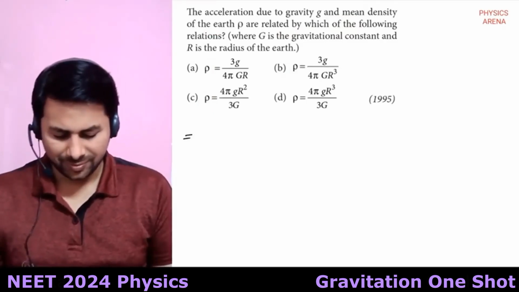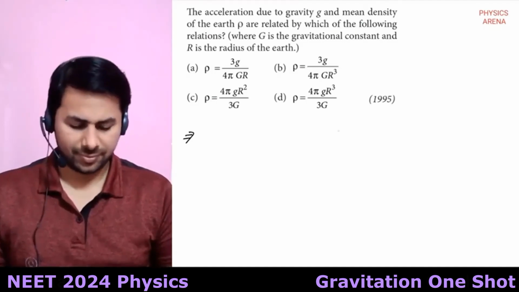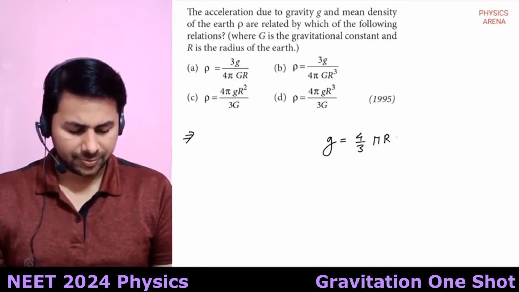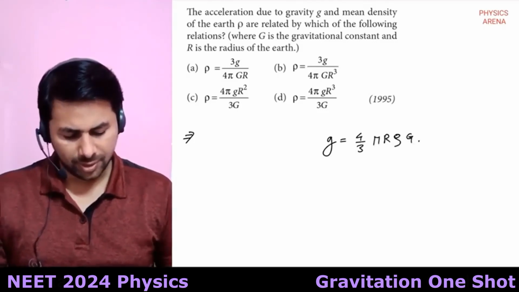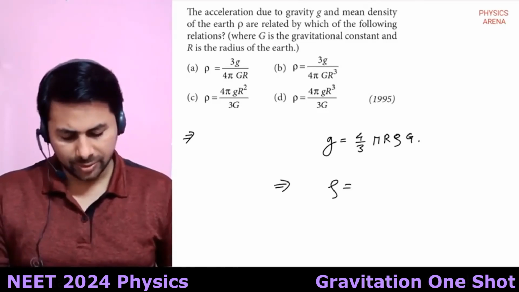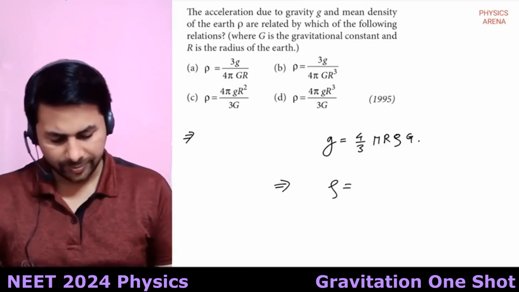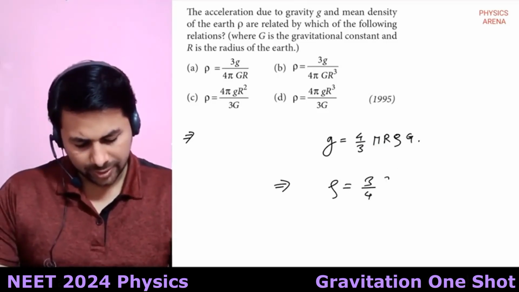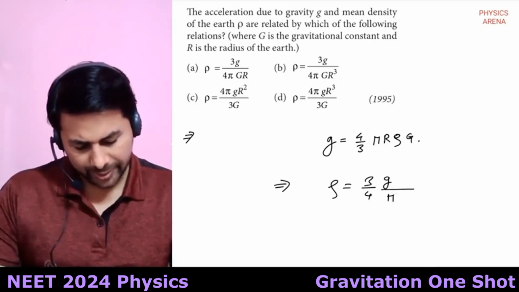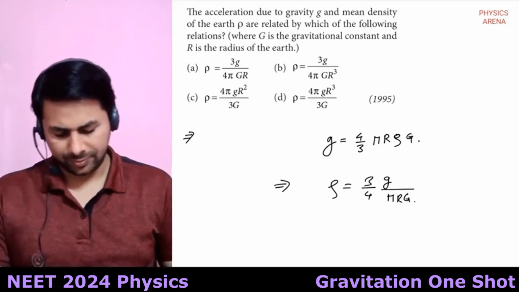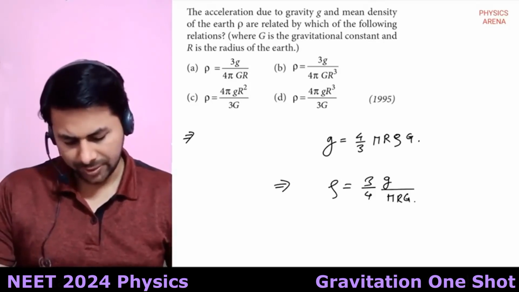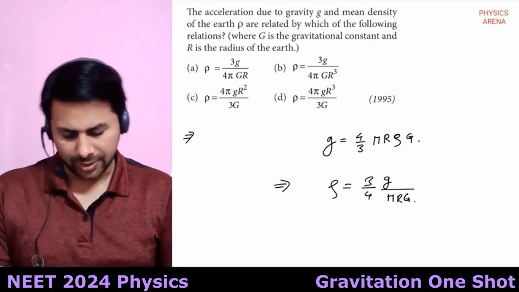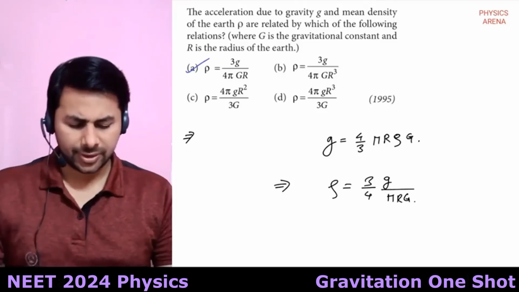So we have the formula g is equal to 4 by 3 pi r rho G, which means rho will be equal to, taking that to the other side, 3 by 4, then g divided by pi r capital G. Is there such an option? 3g divided by 4 pi RG. Right, option A. So this is also very simple.